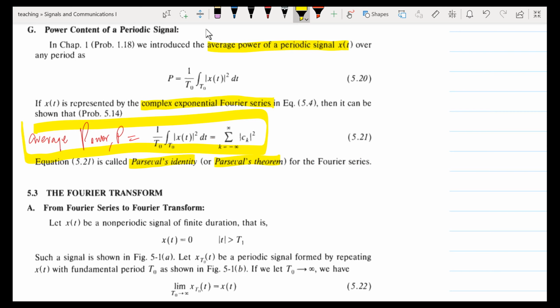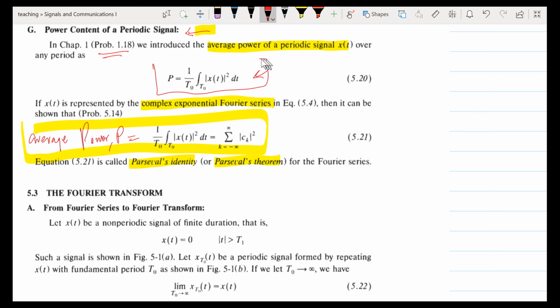We, of course, needed to be able to determine the power content of a periodic signal. And to do that, we are mentioning problem 1.8 that is found in chapter 1 of our notes. In that problem, you get introduced to the concept of average power of a periodic signal x of t, and it is defined by equation 520.